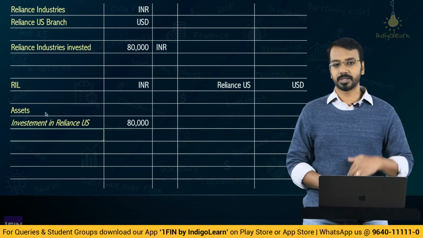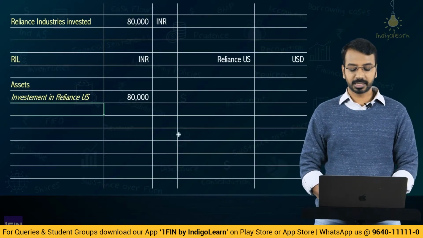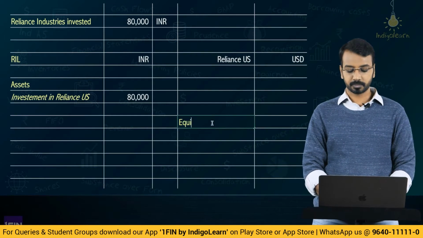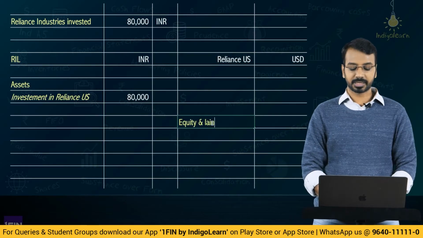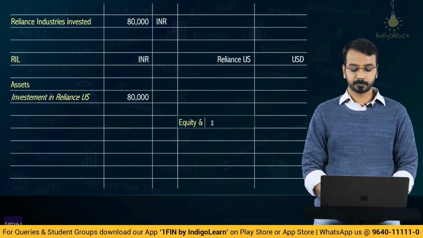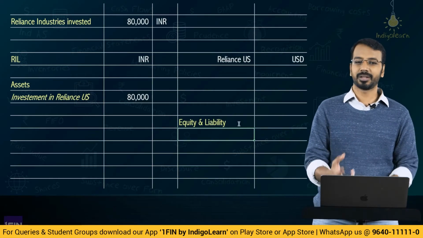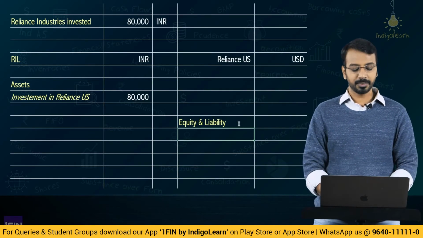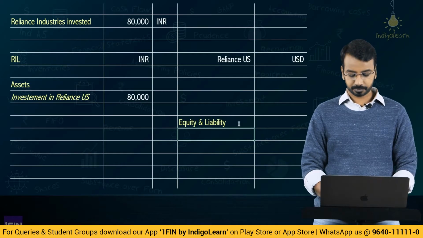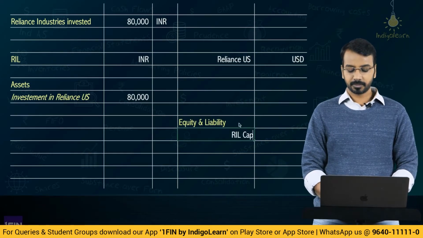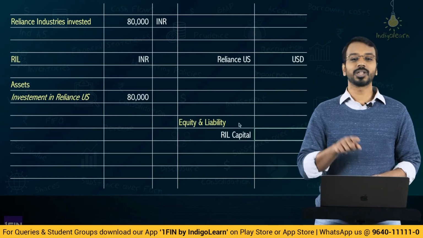Now come to Reliance US. In the Reliance US balance sheet, you will see something on the equity and liability side. You will say owner's equity or owner's capital or parent's capital, whatever you say, you can say RIL capital. How much? Not 80,000 USD, right?